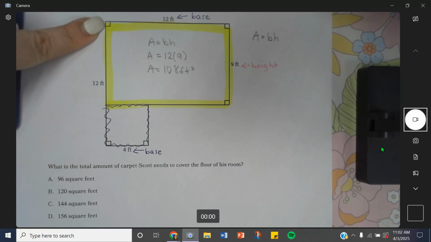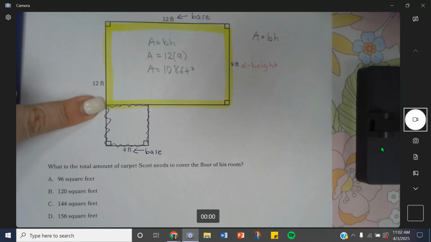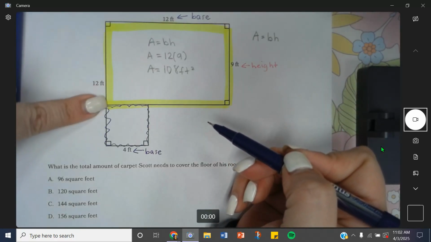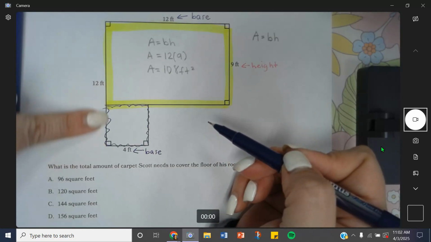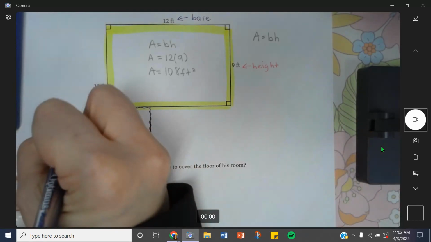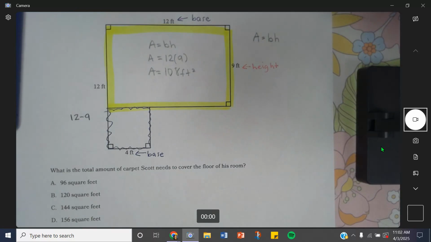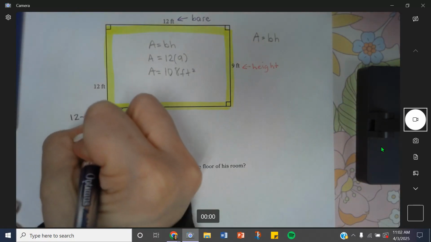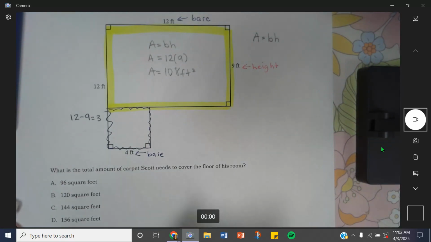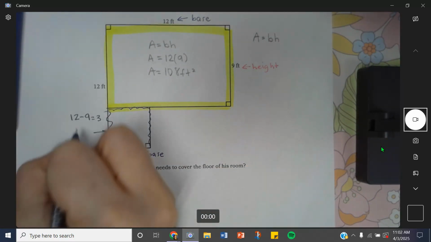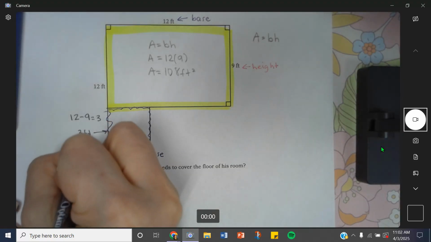But we don't need this part. And because we have this over here, we know that this length is 9 feet. So in order to figure out the height of this, we can do 12 minus 9. And when we do 12 minus 9, we get 3. So the height of this rectangle is 3 feet.